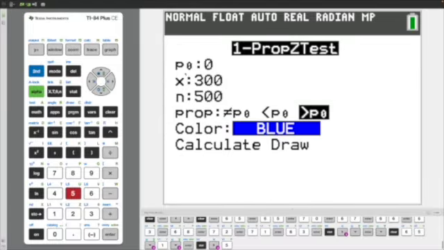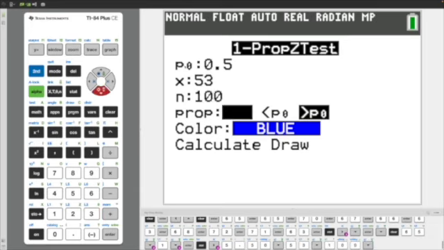So p sub 0 is the same as mu sub 0. That is, what's the number that's in your hypothesis, or hypotheses. X is the number of successes from your sample. N is your sample size. And this is your alternative hypothesis. Our alternative hypothesis is that the proportion is not equal to 0.5.